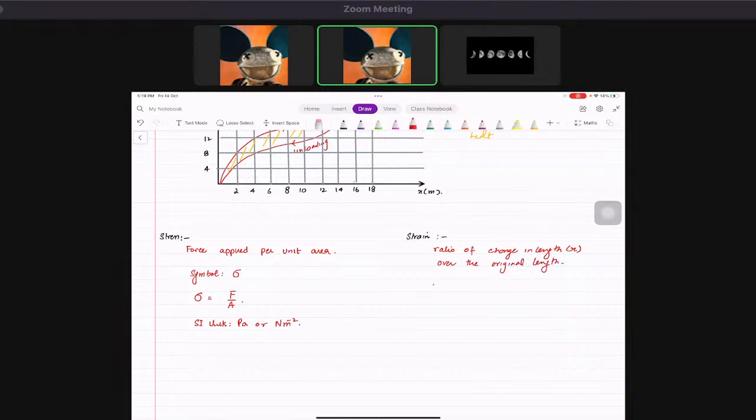So the symbol we use for strain is E, and E is basically change in length over original length, and because it is a ratio of similar quantities, it has no units. Is it clear?